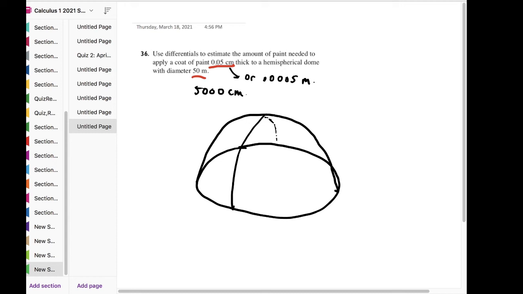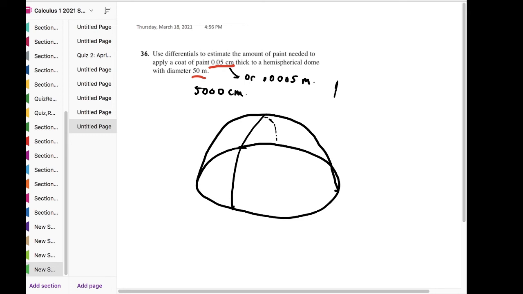So there's probably one of two formulas to use, right? Well, let's just do both. You tell me, what formula do you think you need? It's a hemisphere, so you can give me the sphere formulas, and then we can just divide by 2. Okay, let's think about surface area.